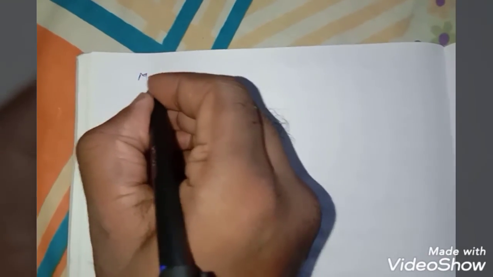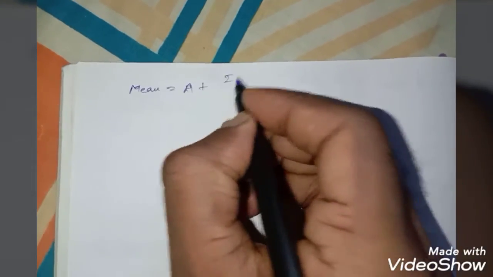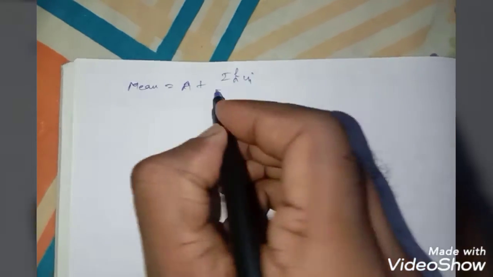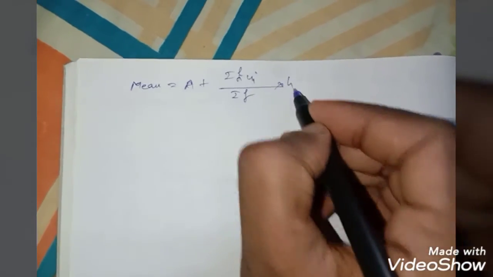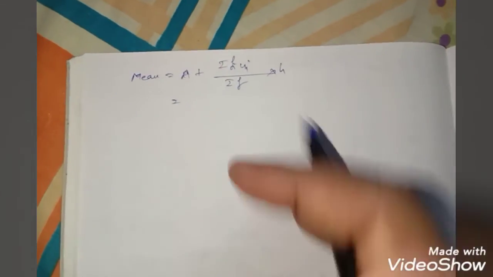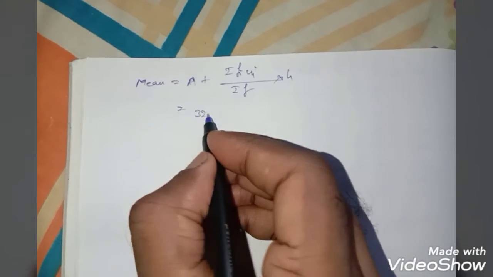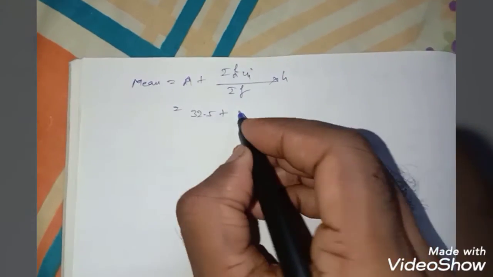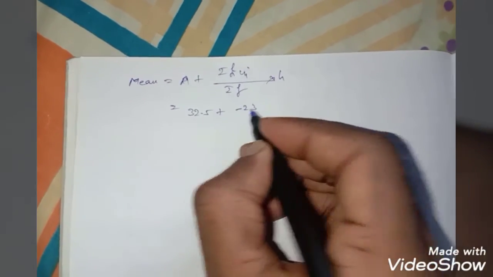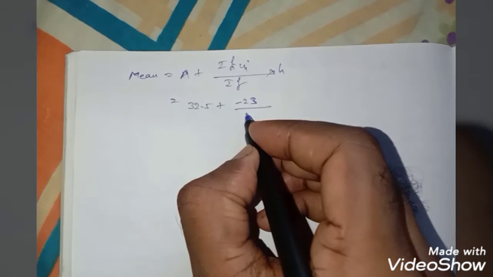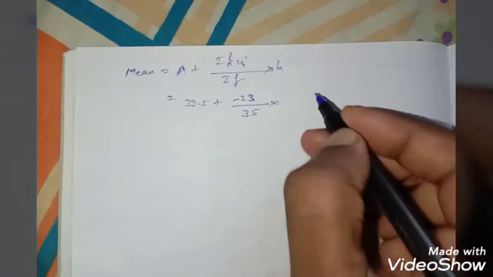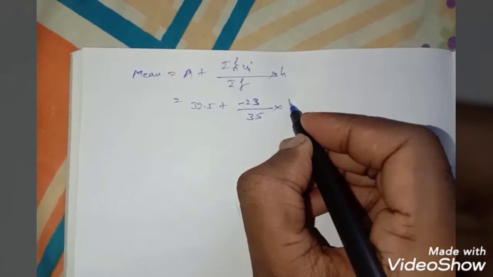Now if I substitute in your formula, mean is equal to A plus summation Fi Ui by summation F into H. Now the A value we have assumed as 32.5 and summation Fi Ui we got as minus 23 divided by summation F, which is nothing but 35, and the H value is 5.